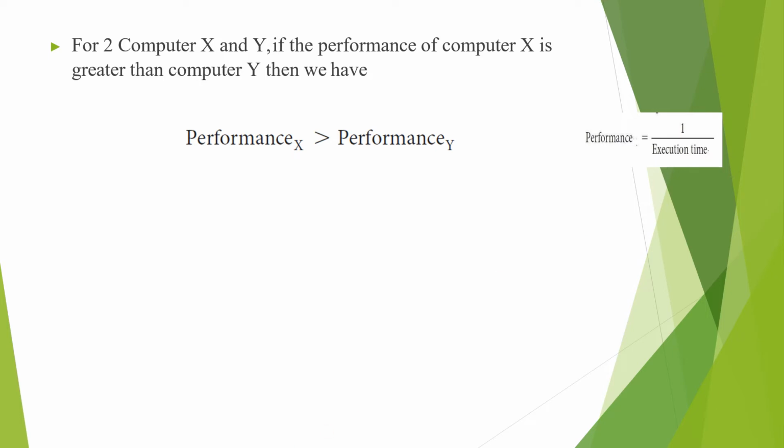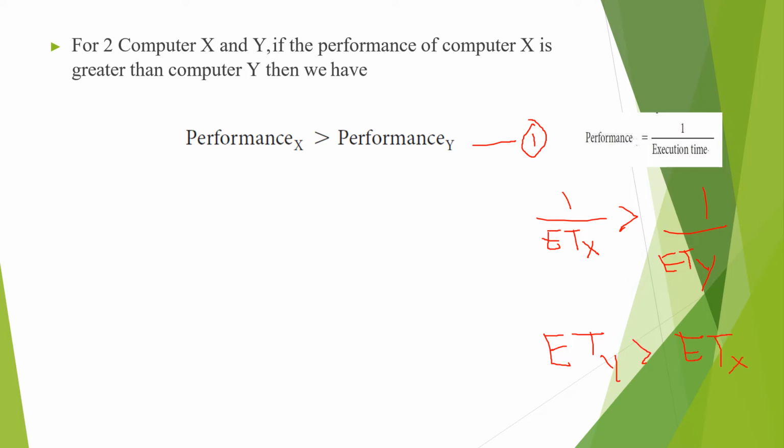So substituting into equation number 1, we get 1 divided by execution time of X is greater than 1 divided by execution time of Y. Okay, so cross multiplying, execution time of Y is greater than execution time of X.